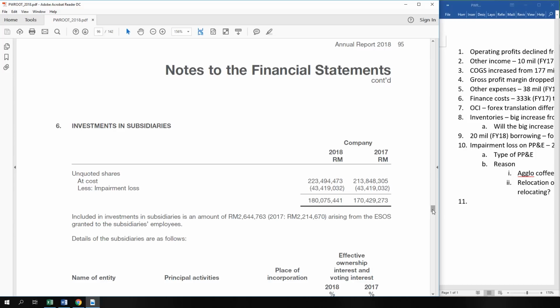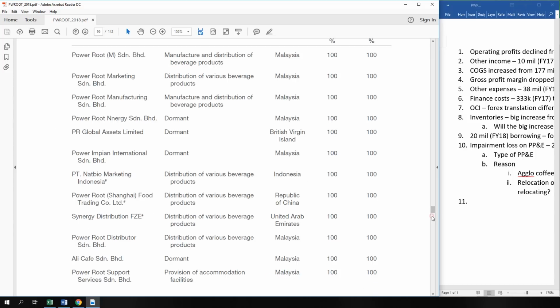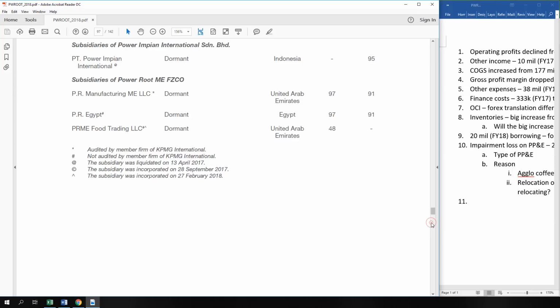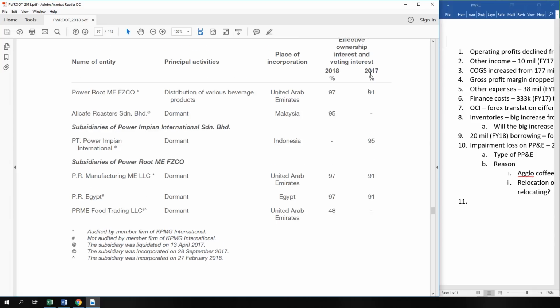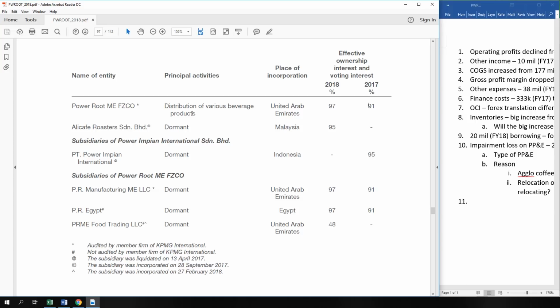Let's find the answer here. Okay, you can see there are a couple of companies here in United Arab Emirates. I think Power Root increased their ownership of these companies.